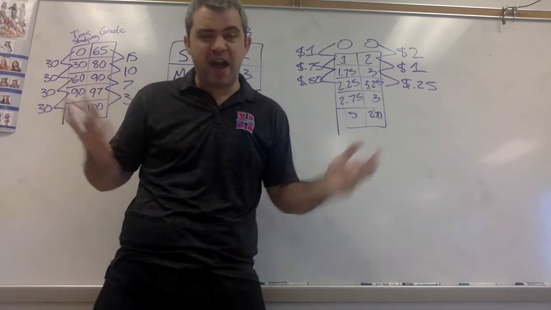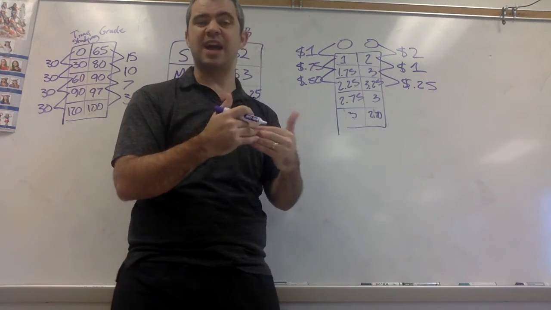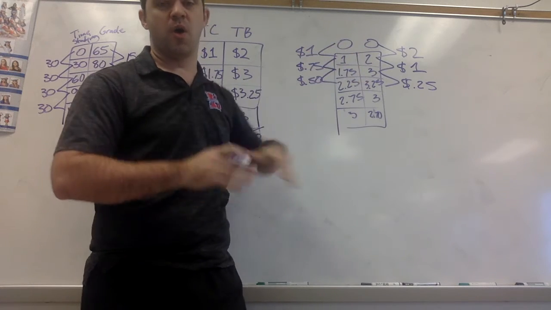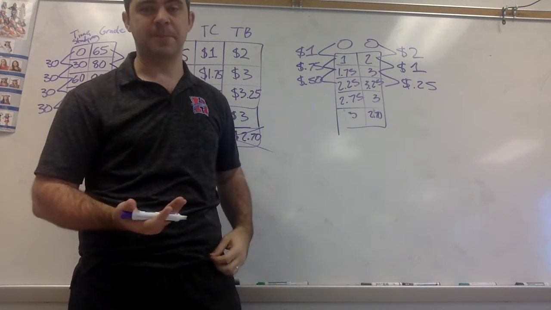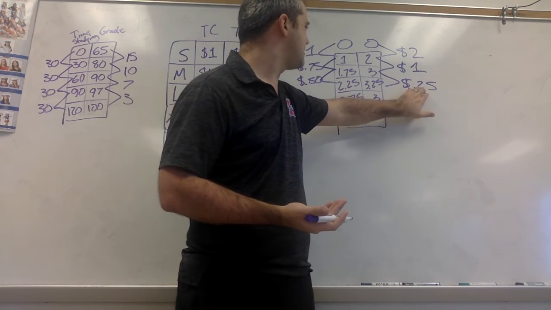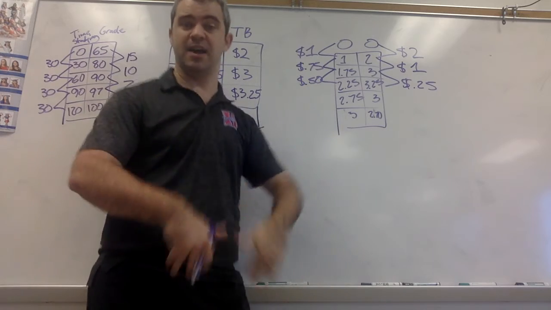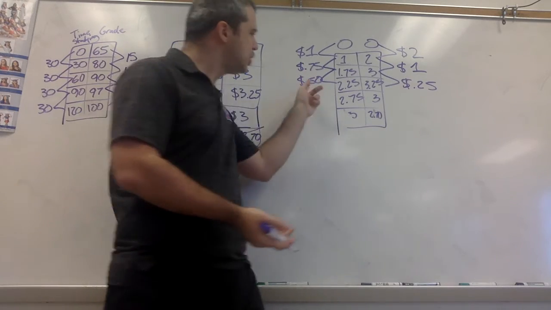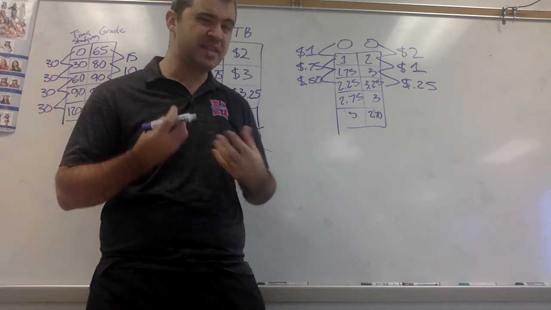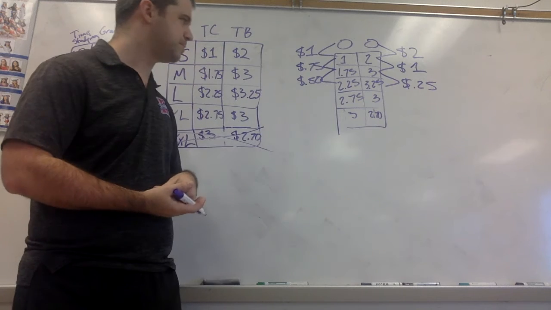These fries are going to make me fat. However you want to think about it, this enjoyment is not increasing as much as it increased for the small, or as much as it increased when I got the medium. So my enjoyment is increasing less than what I'm paying to get that increase. So I'm losing 25 cents worth of net benefit if I go from this medium to the large.